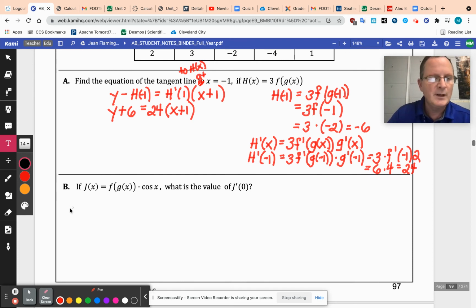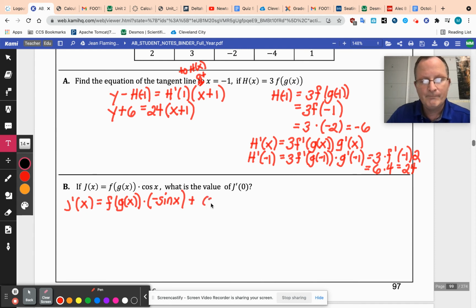So j prime of x is equal to first times derivative of the second, plus the second times the derivative of the first, which is the chain rule.